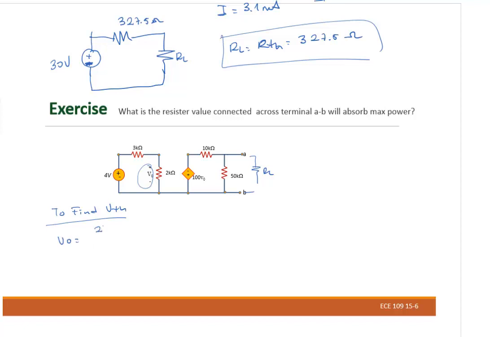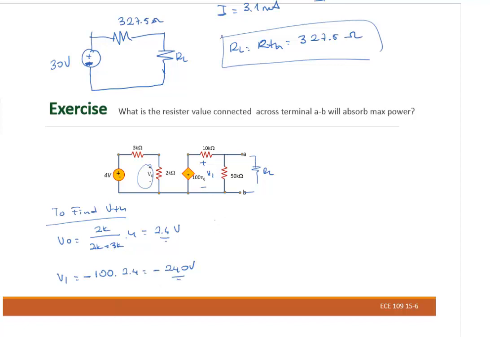V0 will be equal to 2K divided by 2K plus 3K times 4 volts, which is equal to, I believe, 2.4 volts. So I look at this one and this range right there. If I call this one V1, V1 will be equal to negative 100 times 2.4, which is equal to negative 240 volts, right?